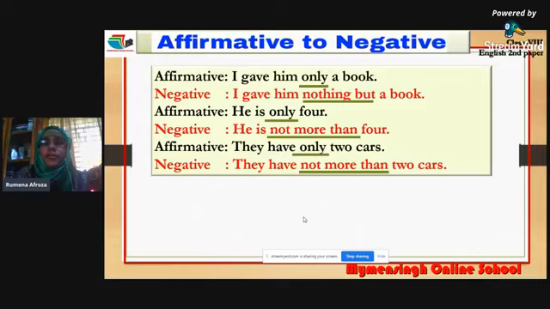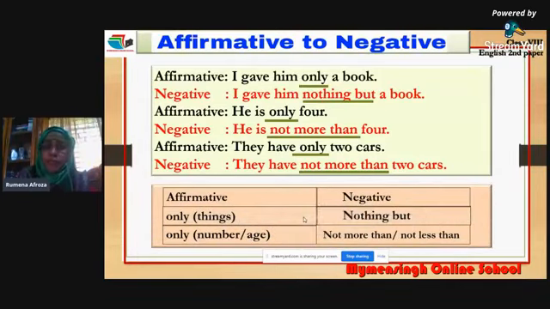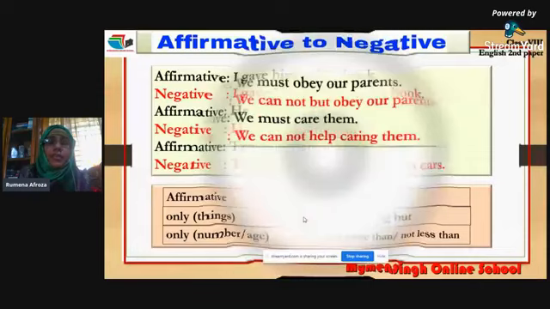And if we find only in an affirmative sentence and it indicates a number or age, in that case you have to use not more than, or you can also use not less than. Affirmative only with things, nothing but; only with number or age, not more than or not less than.